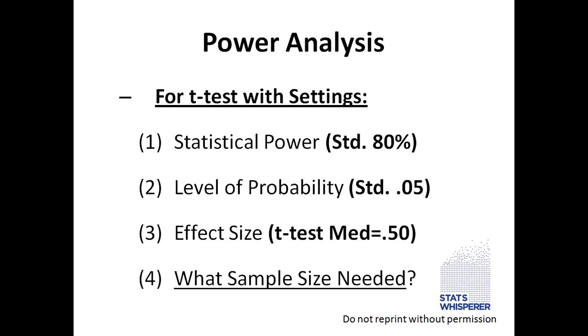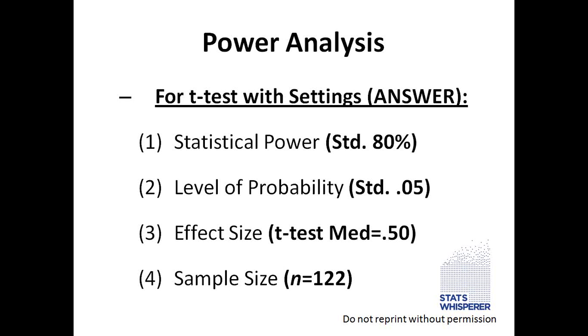So in the three boxes, one on top of the other, you put the power 0.8, the probability 0.05, and the effect size 0.5. And then you click calculate, and it'll give you the sample size needed. Right? So it'll say, based on those settings, you'll need 122 people to look at a t-test. That looks at the two-category variable and a continuous outcome.